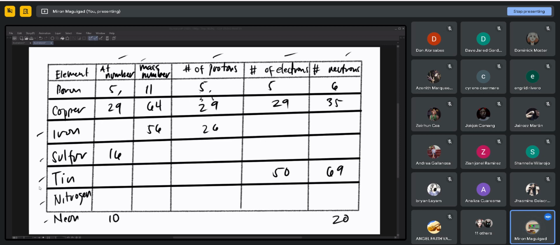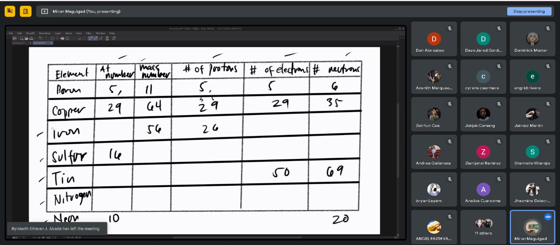May nagtaas po ng kamay. Sige po. Sulfur po. Pasensya na pong pangit po ng sulat ko eh. Okay? So, sulfur po siya. May tanong pa ba? Ito naman nitrogen. Okay? Neon naman to. So, we have iron, sulfur, tin, nitrogen, and neon. Thank you.